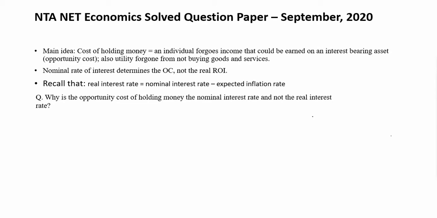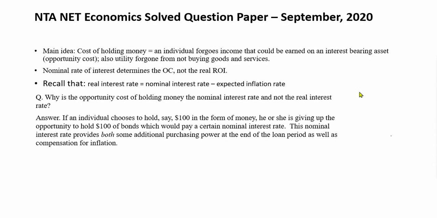Now the question arises: why is the opportunity cost of holding money the nominal rate of interest and not the real rate of interest? We can answer it by looking at some very important points. Let's understand this. Suppose an individual chooses to hold $100 in the form of money. He or she is giving up the opportunity to hold $100 of bonds.